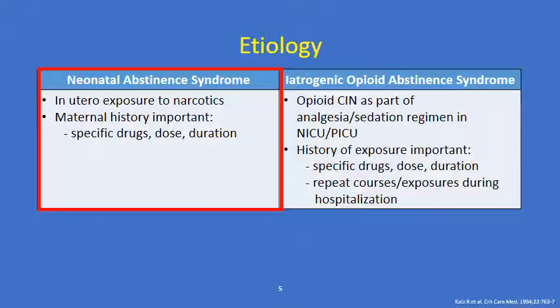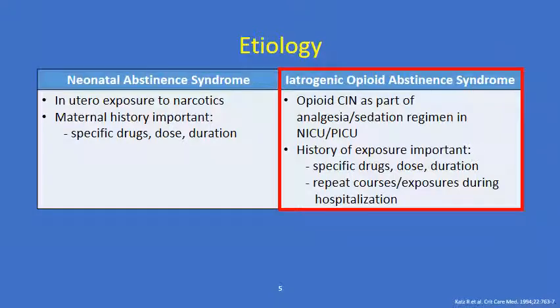What doses, if that information is available? And how long was she on it? Was it just a couple of weeks during pregnancy, or was it the whole pregnancy or an extended period of time? So as much of that history that can be obtained is helpful because if you think about it, the more drugs, the higher the dose, the longer the mom was on it, really the more exposure the baby had to it, which in turn could increase the baby's chance of withdrawing from those medications.